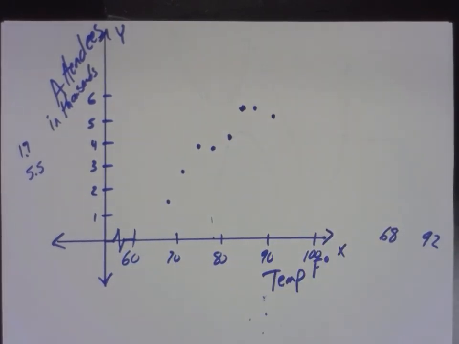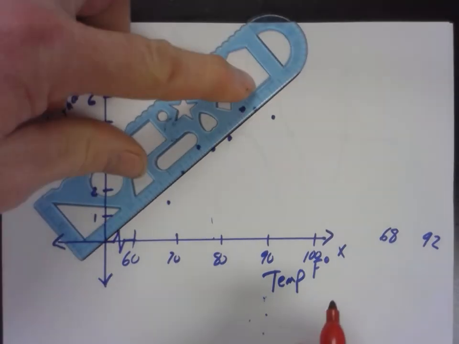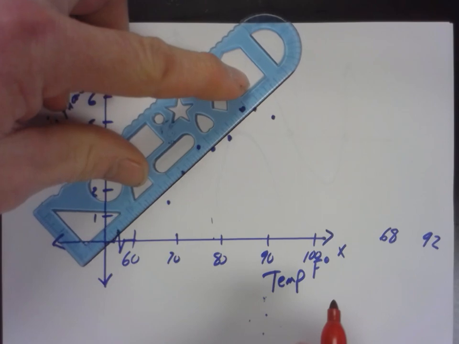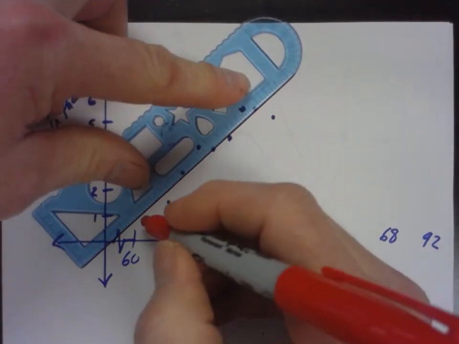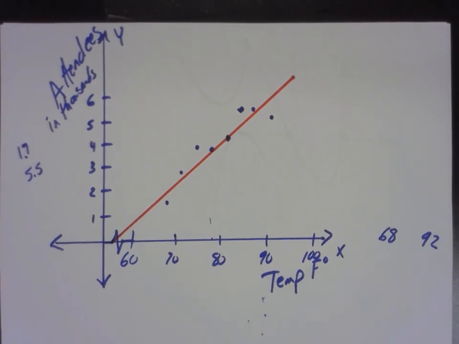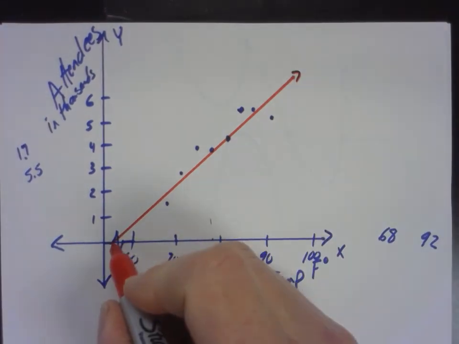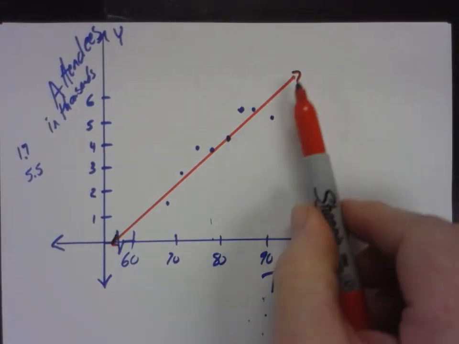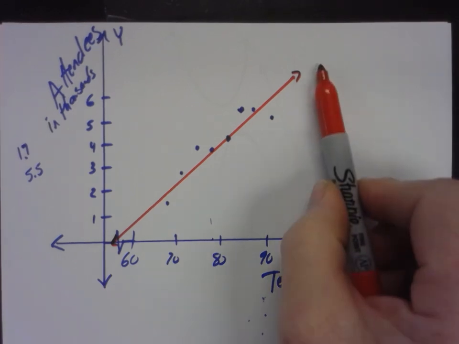And we can draw a line of fit here, can't we? Now everyone's line of fit is going to be a little different, but I'm going to go like that. Okay? Now, I don't know. What do you guys think about this line of fit, though? Is it realistic? Do you think when we get up to 100 degrees that we're going to have 7,000 fans?